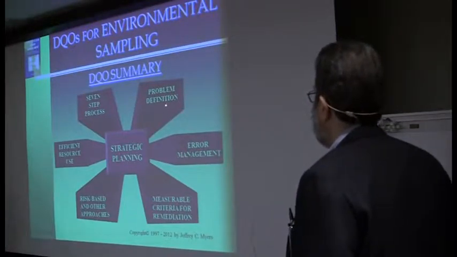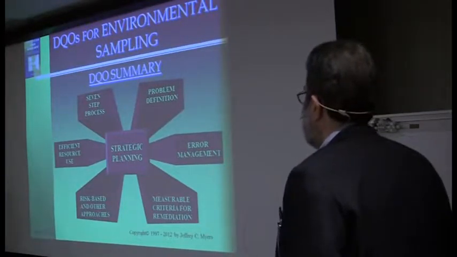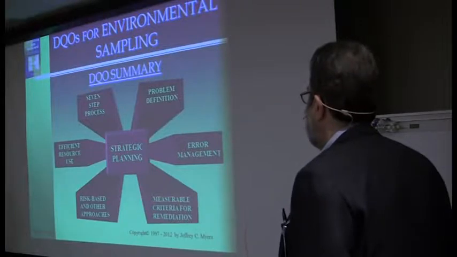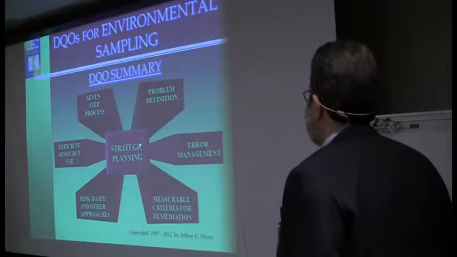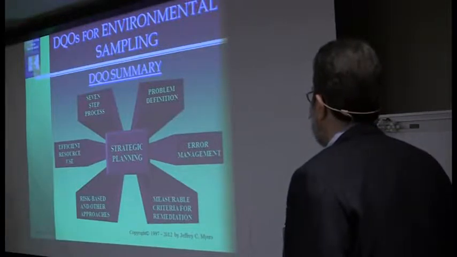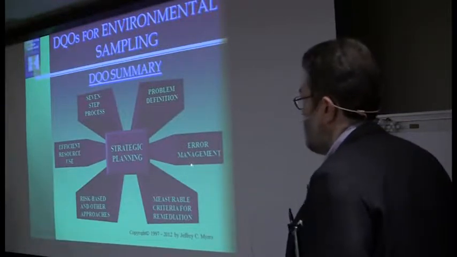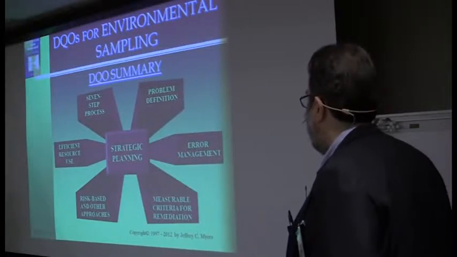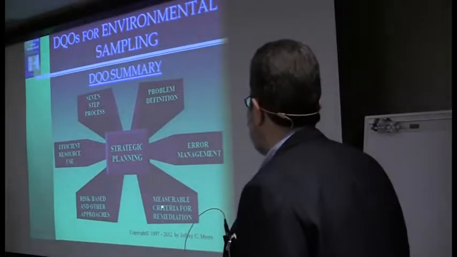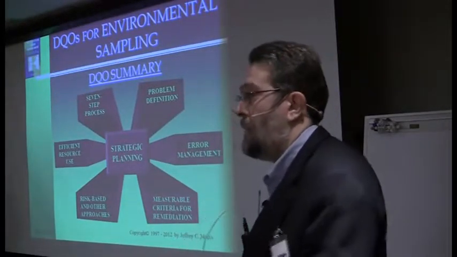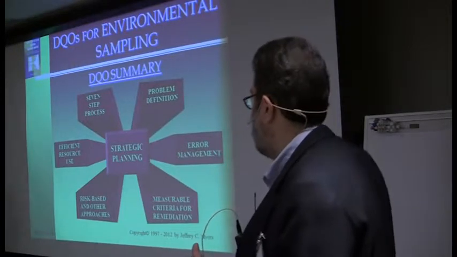We need to define the problem. We need to use resources efficiently. We have a strategic planning process that helps us. That's central to the whole thing. Managing our decision error is key. We need measurable criteria, that decision statement that I mentioned.